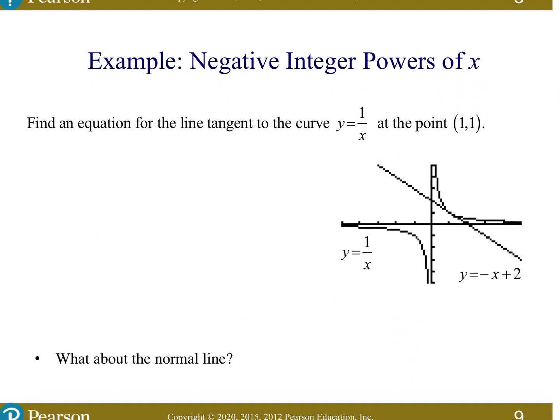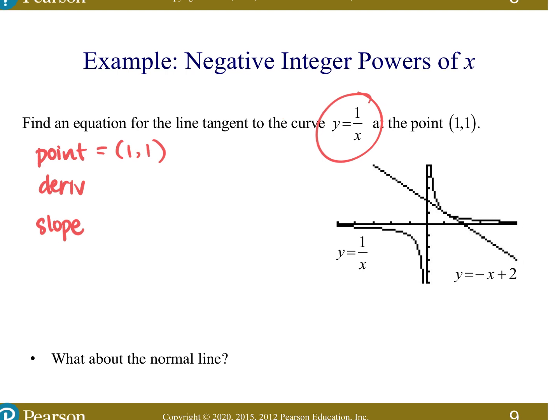Okay, how about finding the tangent line for this one? All right, our curve is that. So we're going to have a point, we're going to have a derivative, and then we'll use the derivative to find our slope. Our point is (1, 1).